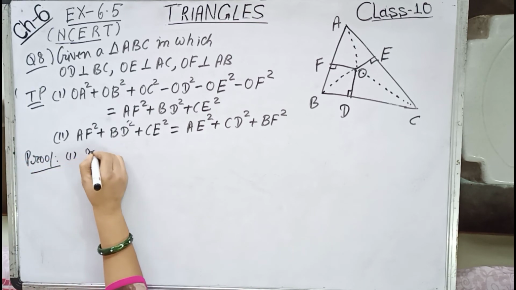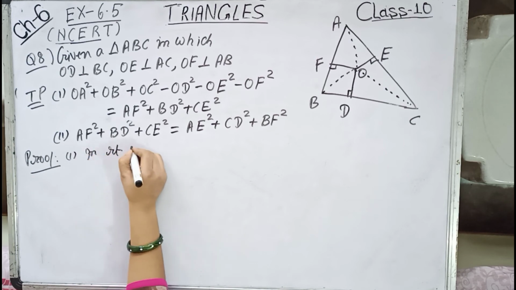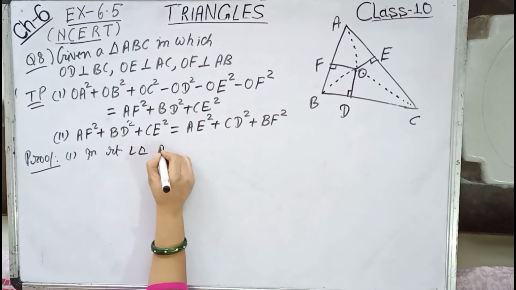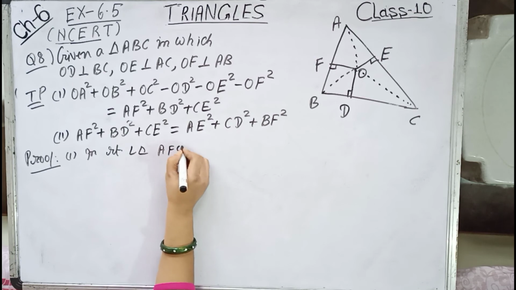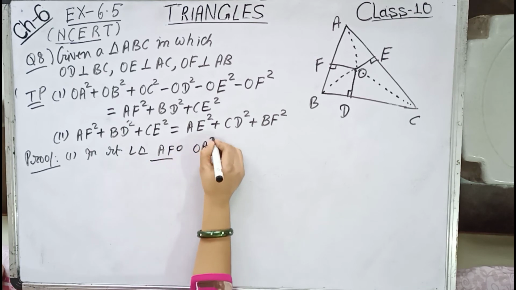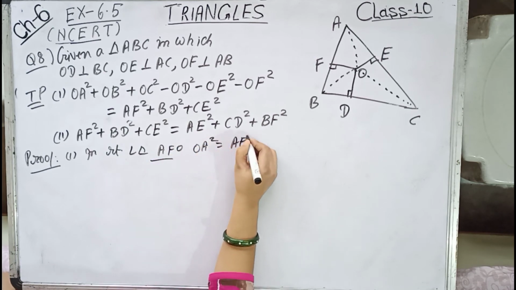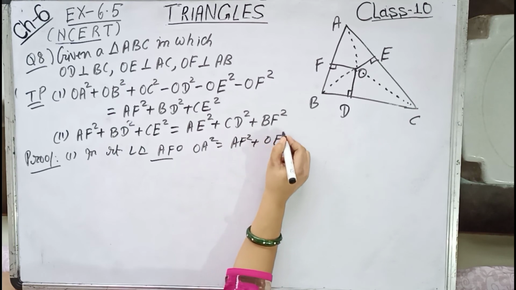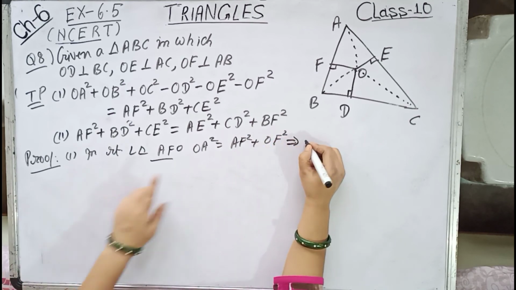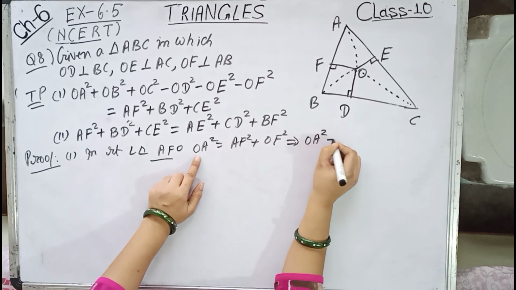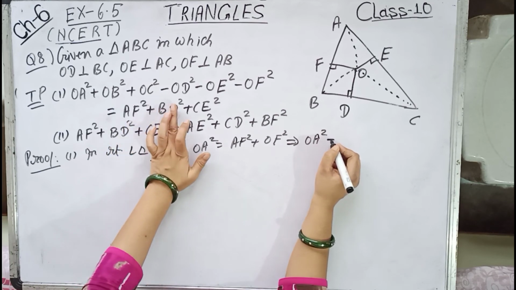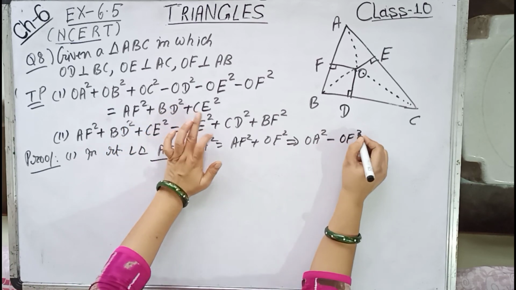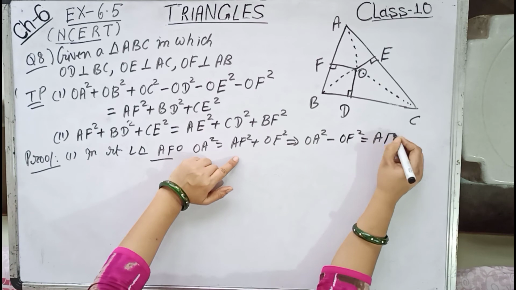Number 1. In right angle triangle AFO, OA square equals to AF square plus OF square. This implies OA square minus OF square equals to AF square.